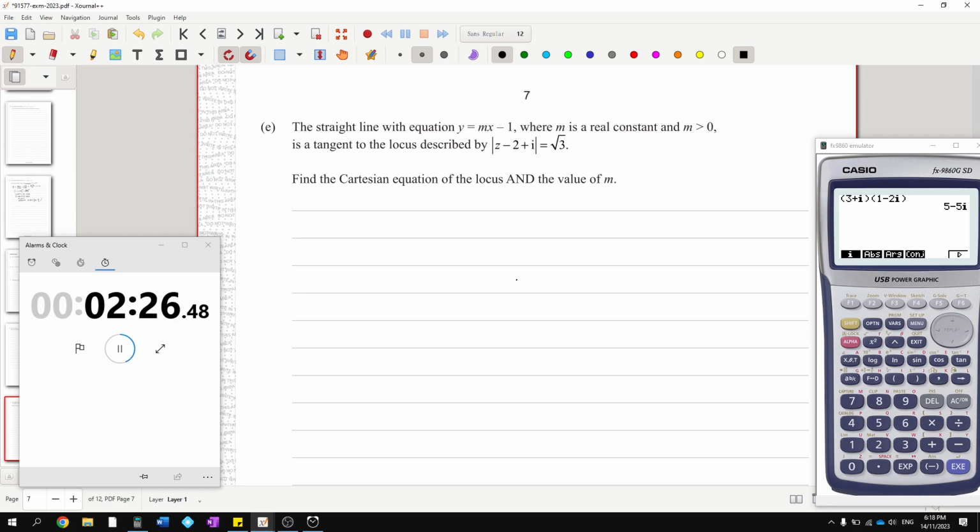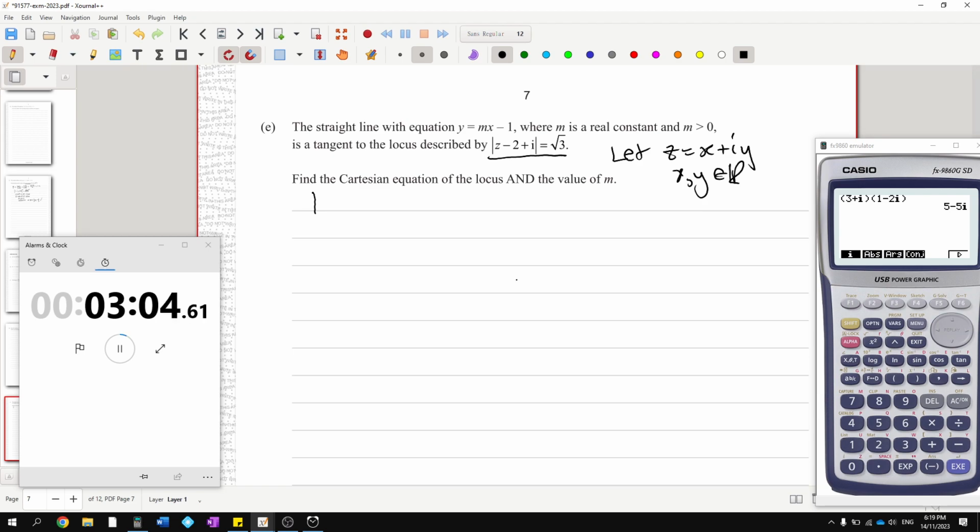Oh, okay. This is like a classic discriminant question. Because this is a circle. Because that would be Z minus 2 minus i. Oh, whatever, I better do it the NCEA way actually. So let Z equal X plus iY.